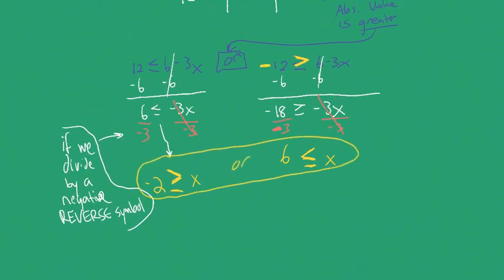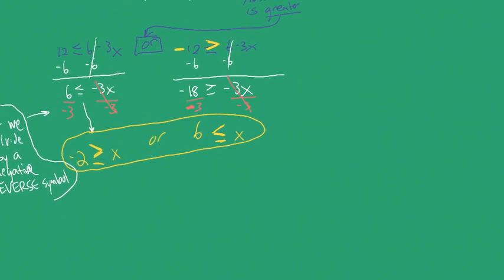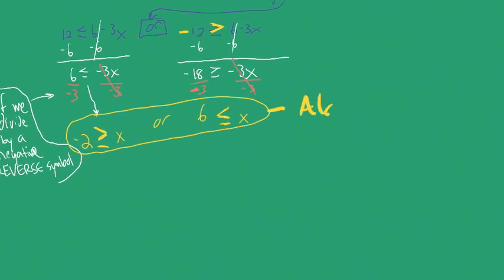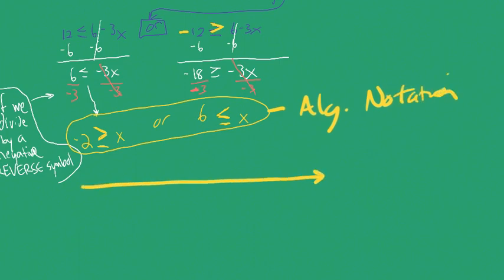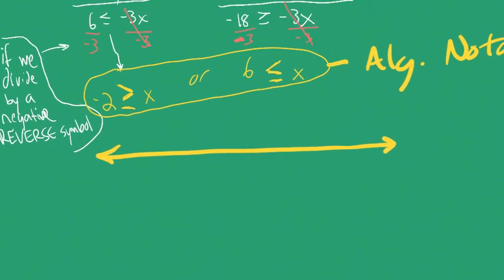So both of these, this is our algebraic notation. Got our graph. Significant numbers are 6 and -2. -2 over here, 6 over here.